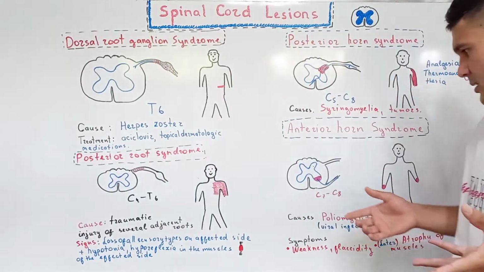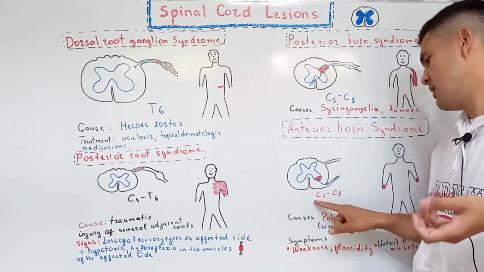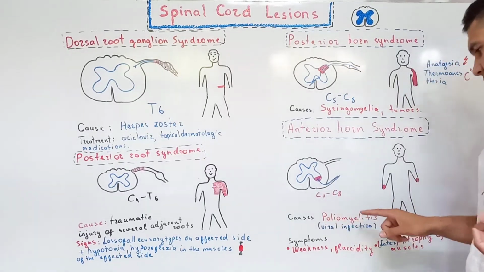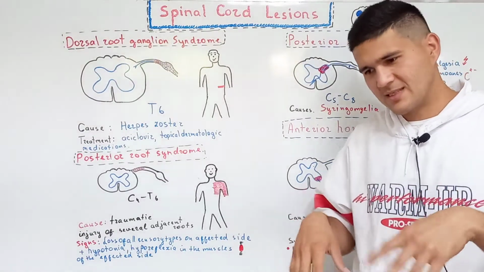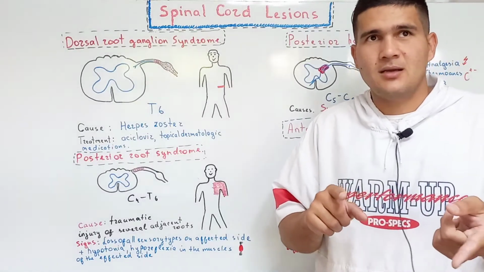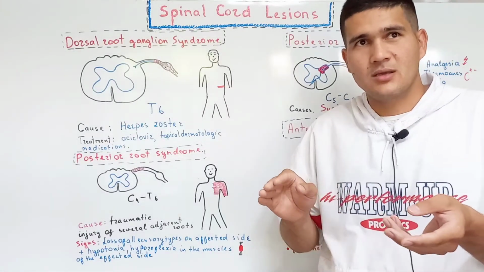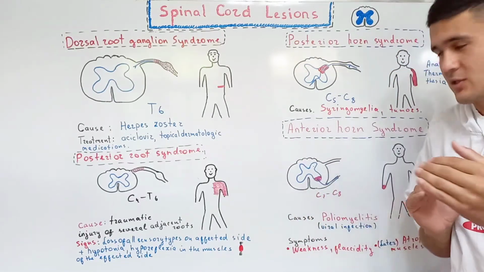Okay, and when the anterior horn is damaged from cervical 7 to cervical 8, it can cause flaccidity and weakness of the muscles according to the location of the lesion.